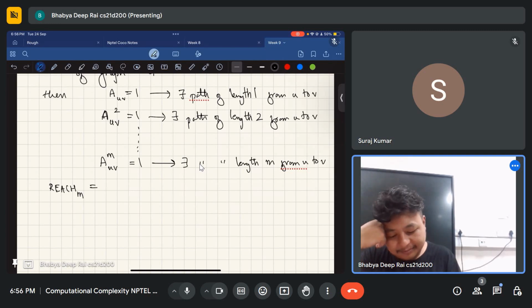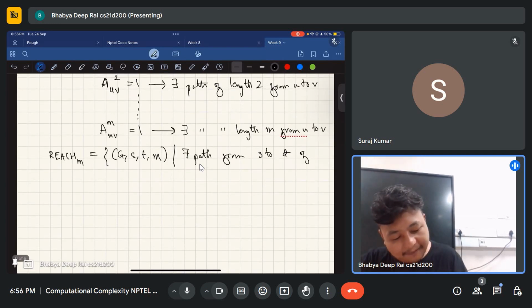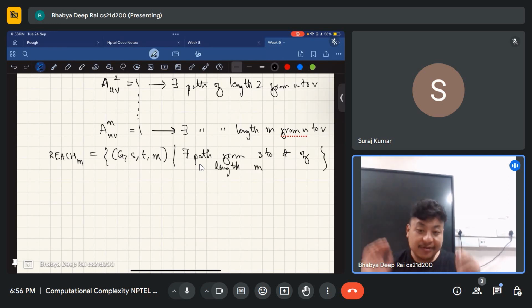Reach_M is the set of G, S, T, M such that there exists a path from S to T of length M. But this is not exactly reachability.